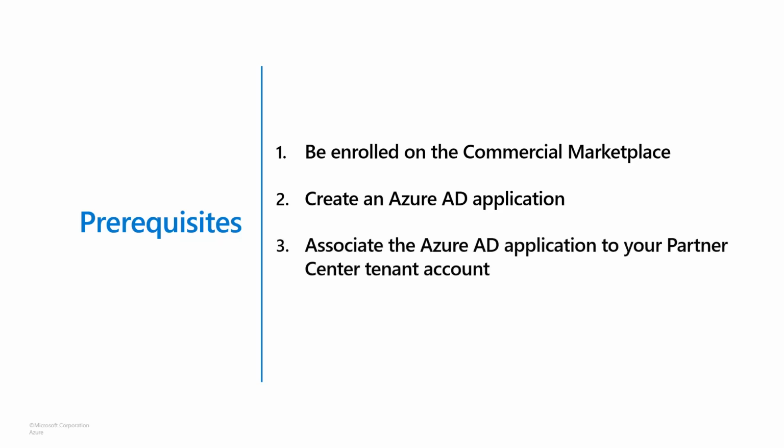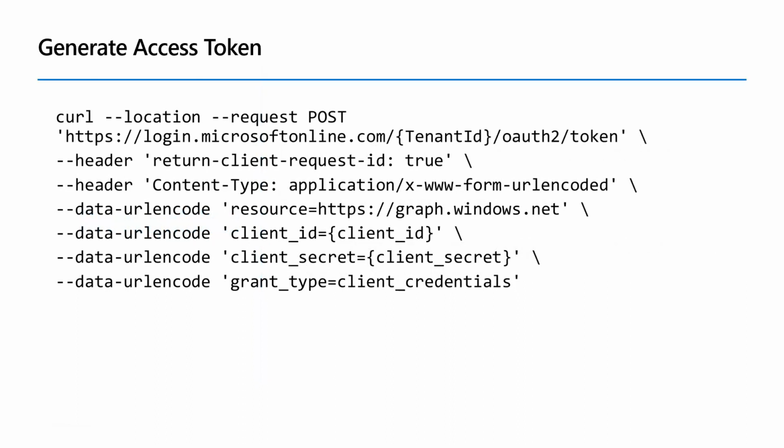Next, we need to associate this Azure Active Directory application to your Partner Center to generate reports from the appropriate account. Once these three prerequisites are met, we can start taking a look at the process to generate an access token. Now, this access token is essential to running any APIs that will generate your reports.